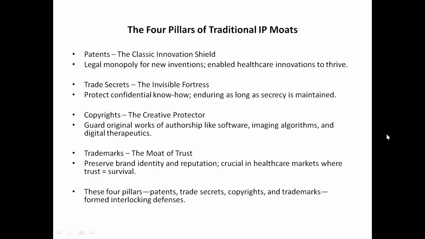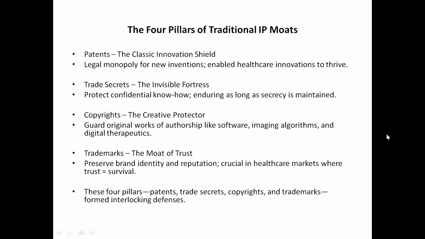It provides a legal monopoly for new inventions, usually 20 years in the United States and most other jurisdictions, and enables healthcare innovation to thrive. And a trade secret you can think of as the Coca-Cola recipe that is hidden. It's an invisible fortress that protects confidential know-how, enduring as long as the secrecy is maintained.